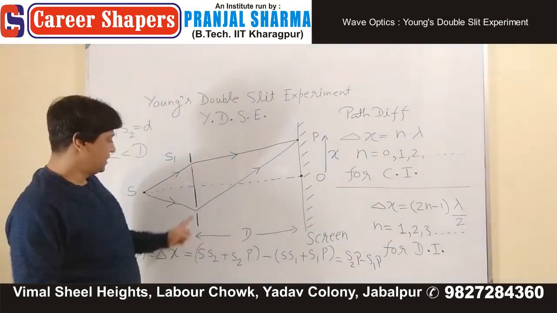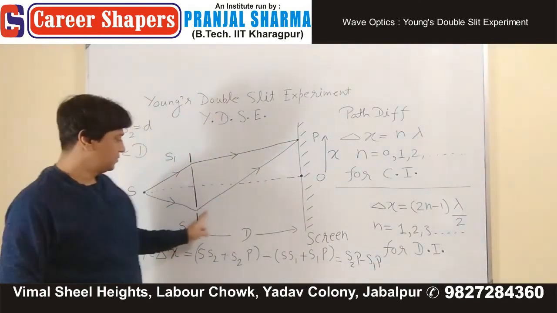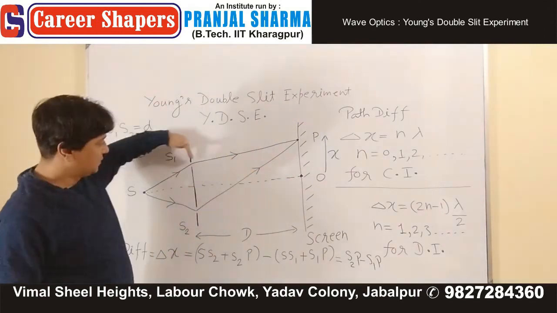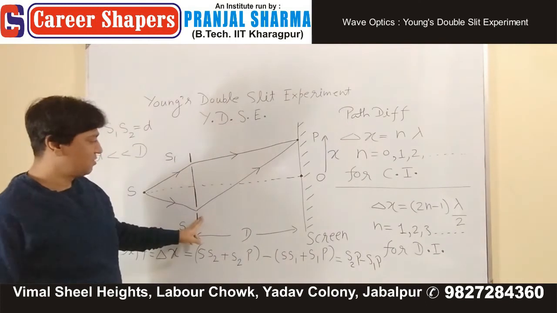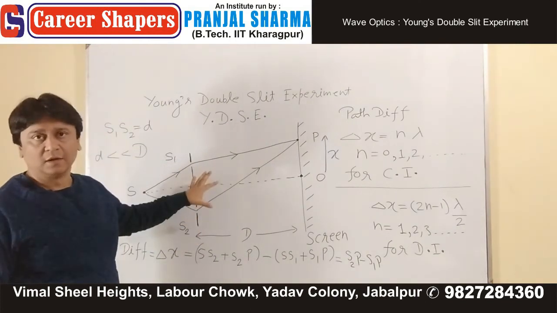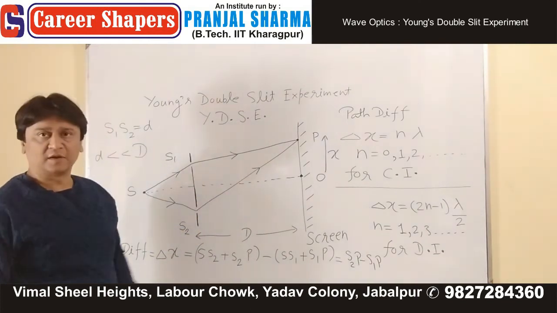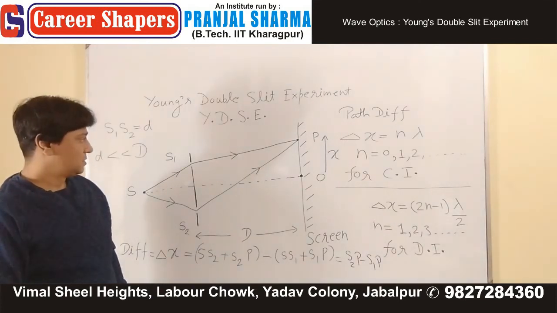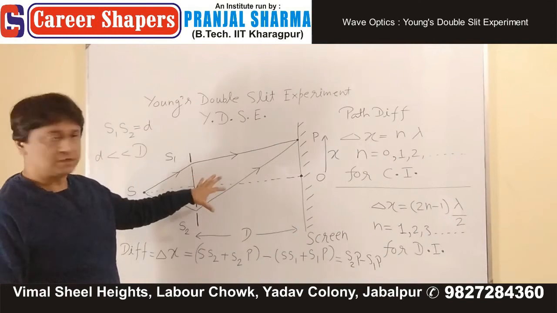So if we can find path difference from this position between this line and this line, starting from S1, starting from S2, that will be the only effective path difference for us. Now, how do we do this?